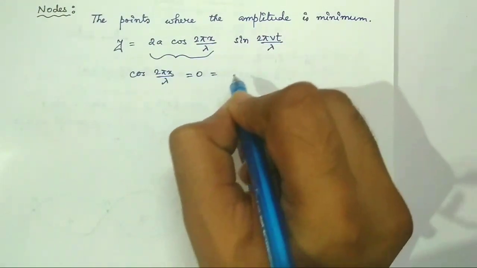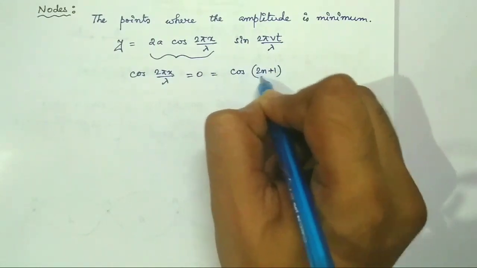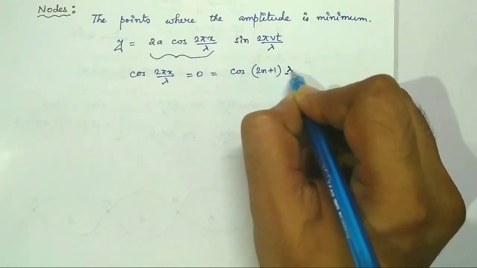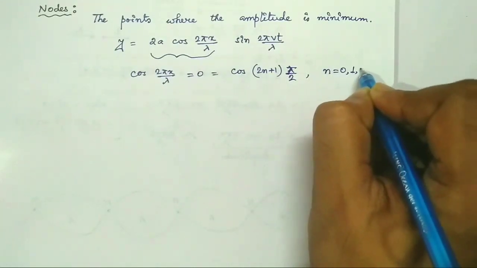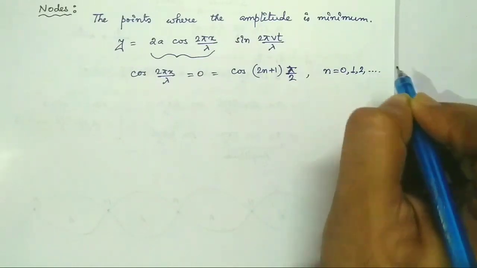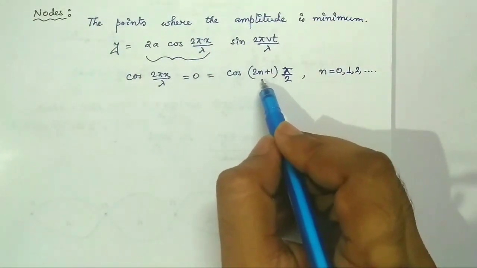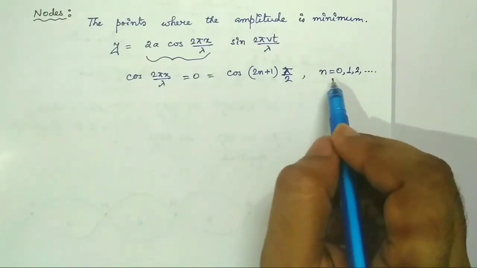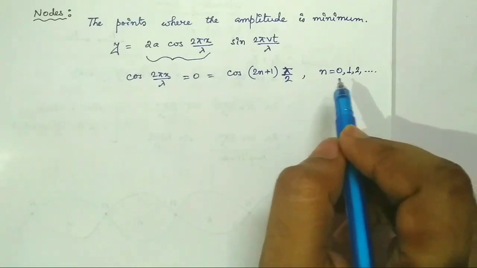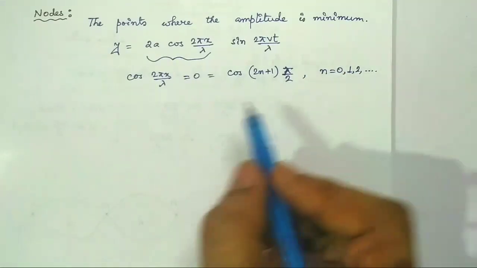and in general we can write it as cos (2n plus 1) into pi by 2, where n equal to 0, 1, 2 and so on. Now if you put n equal to 0, you will get cos pi by 2, which gives you 0. If you put n equal to 1, it gives you cos 3 pi by 2, which also gives you 0, and so on.